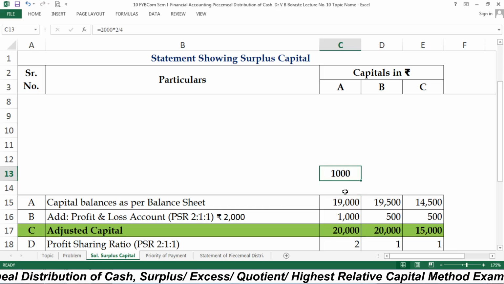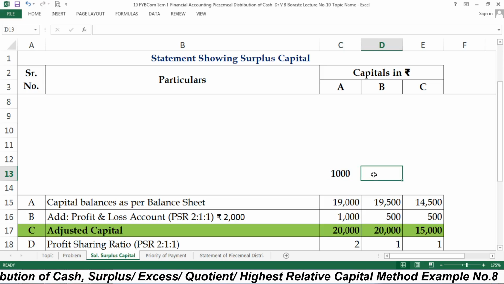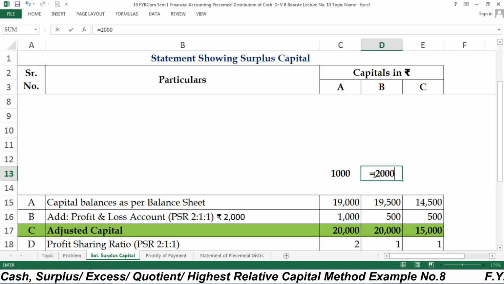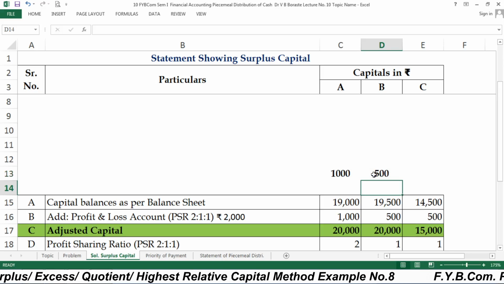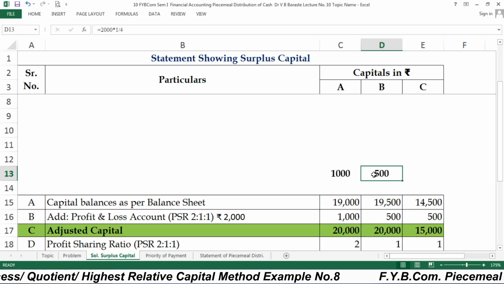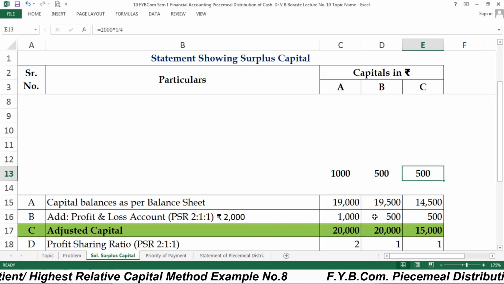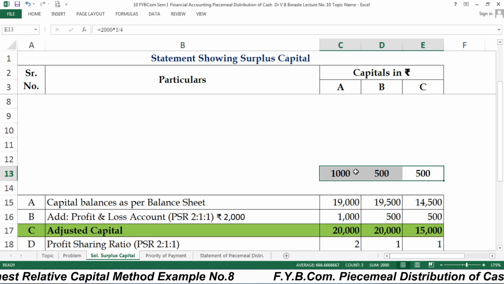So Mr. A will get 1,000. In the same way, for 1 share, 2,000 into 1 divided by 4, Mr. B will get 500 and the same amount will be received by Mr. C, that is 500. So the distribution is 1,000 to Mr. A, 500 to Mr. B and 500 to Mr. C.